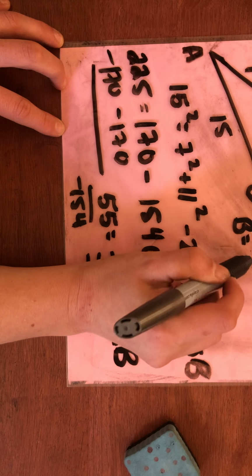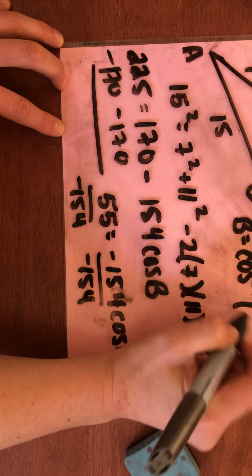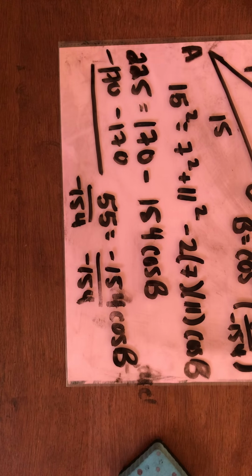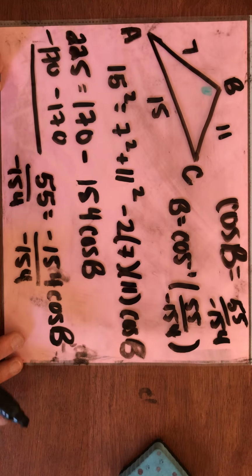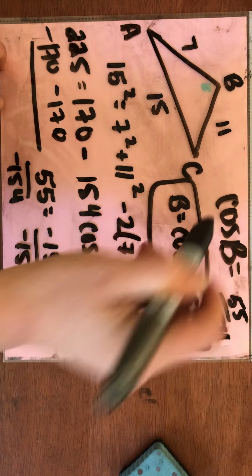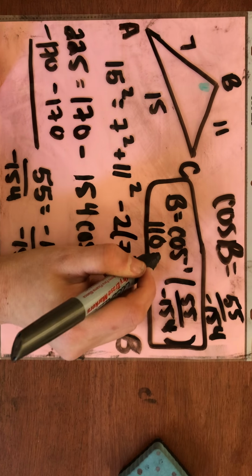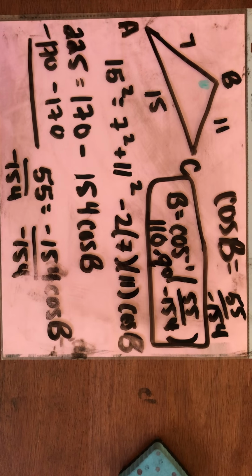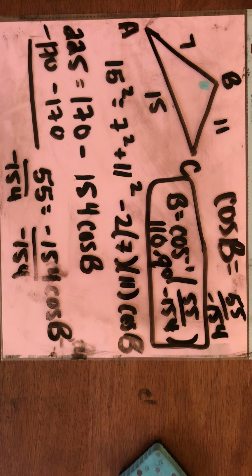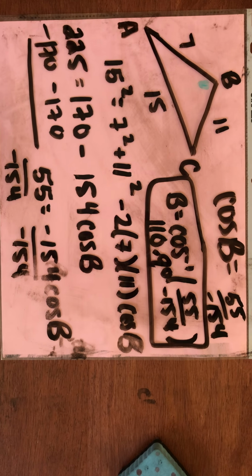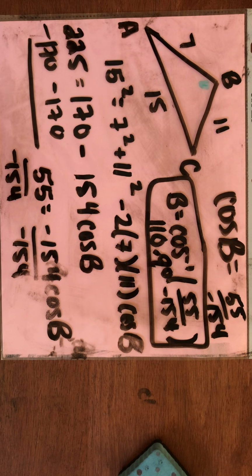So B equals cosine inverse of 55 over negative 154. And we get about 110.9 degrees, which is about 111 degrees.